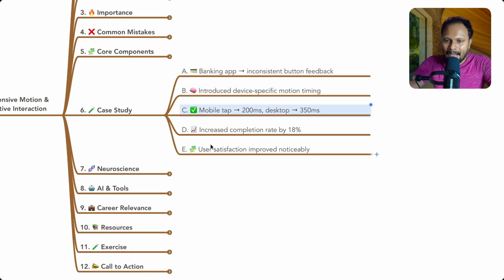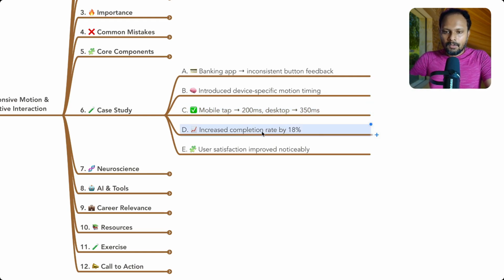You can do mobile tap at 200 milliseconds and desktop at 350. Why? Because in mobile people require a slightly faster rate. In desktop maybe slow is enough, because in desktop a lot of options are required. Maybe the user has a bigger interface, so he will be notified with the proper thing. In mobile the user interaction is very short and people need instant feedback, so a delay of more than 200 is not at all accepted.